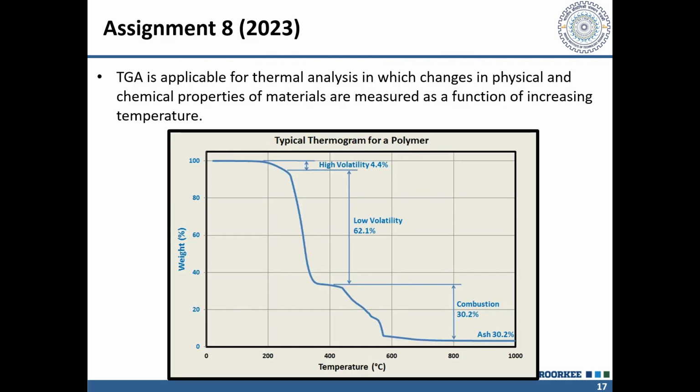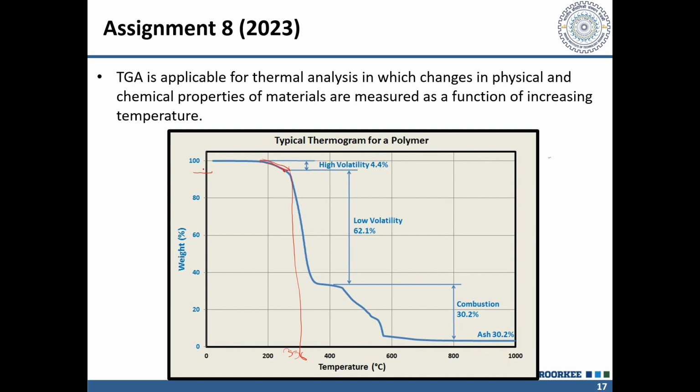This is a typical diagram of thermogravimetric analysis of a polymer. Here we are seeing that this decrease is nearby 300 degrees Celsius, and this shows that this polymer might have some high volatile compounds, some compounds which are volatile at higher temperatures.